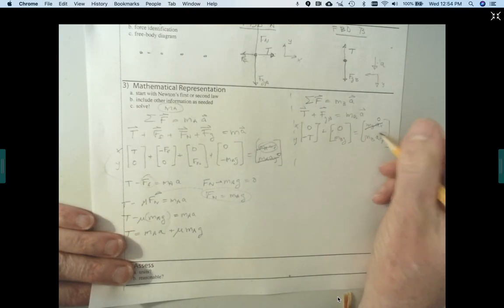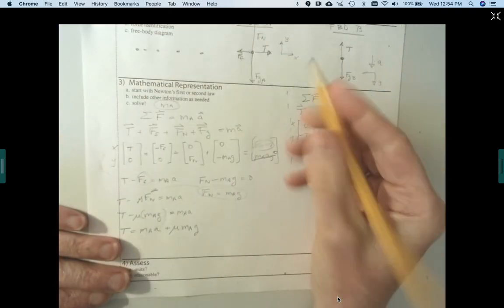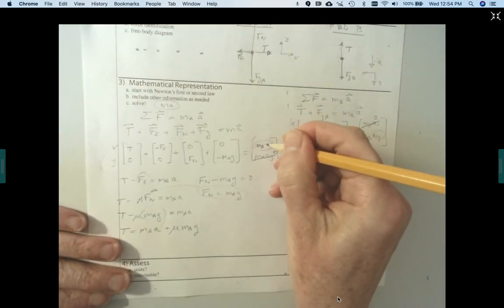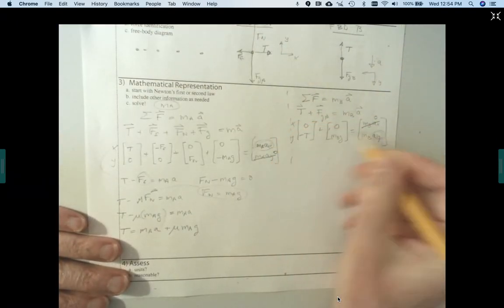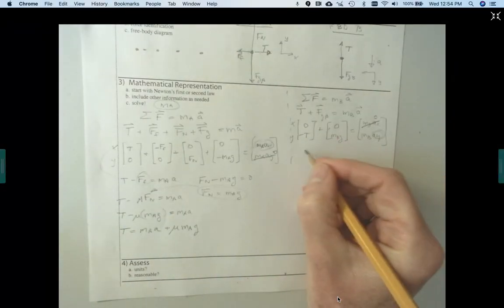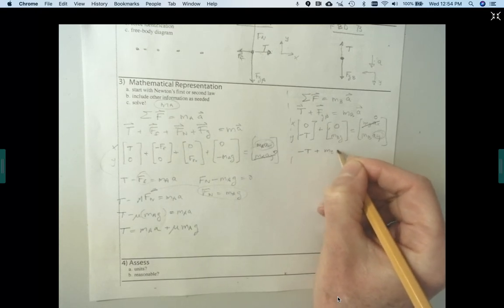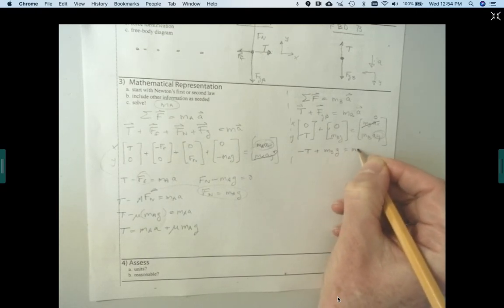Okay, and this is our system acceleration, right? These are the same accelerations, we're just going to call them A from here on out. So this equation gives us negative tension plus MBG equals MBA.